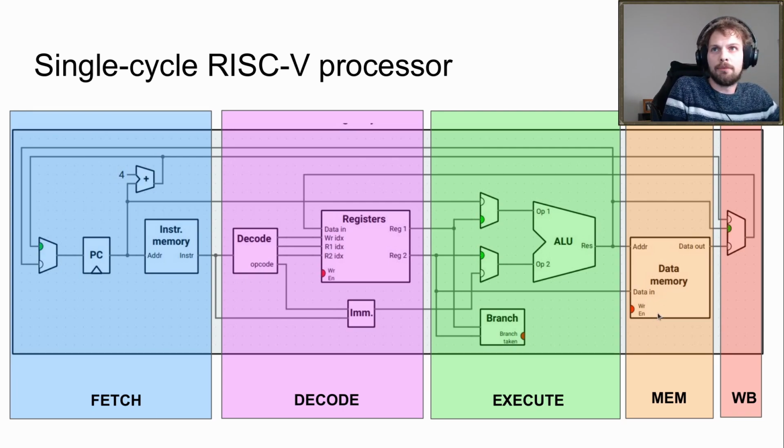The write wouldn't be enabled because we're just doing a regular addition, not a memory operation. And we would go to this write back phase. And if you had an addition and you stored the result of the addition of 2 registers in a new register, then you have this write back connected to the data in of your register. And that's how you could execute a simple addition instruction on the simple single cycle RISC-V processor.